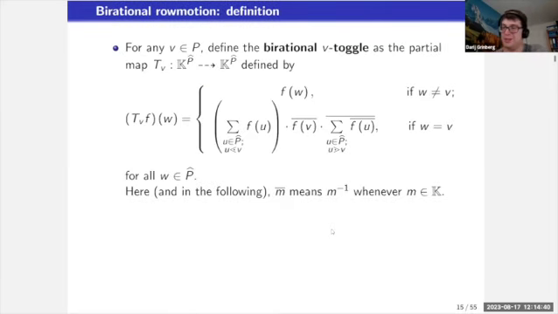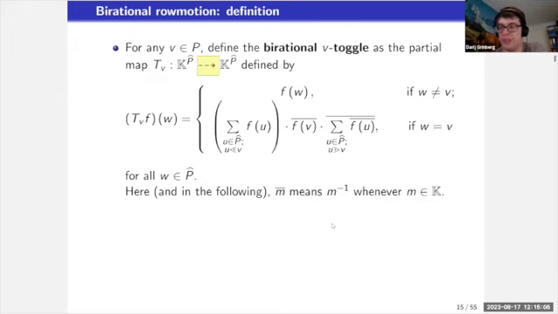Now, this is in a way the most complicated thing that you actually have to understand in this talk. So this is a definition of a birational V toggle. What does it do? It is a partial map that sends labelings to labelings. A partial map because you have to divide, and when you divide by something, there is always a chance that the denominator is 0, so you cannot divide.